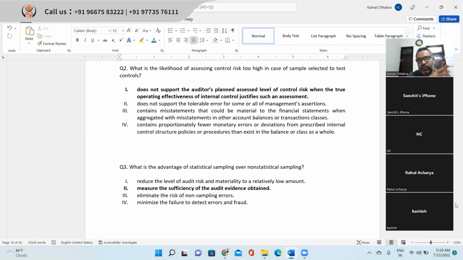Have you understood the question? Yes, sir. So what is the call of the question? Likelihood of assessing the control risk too high. So this is the call of the question. When do you assess the control risk too high?